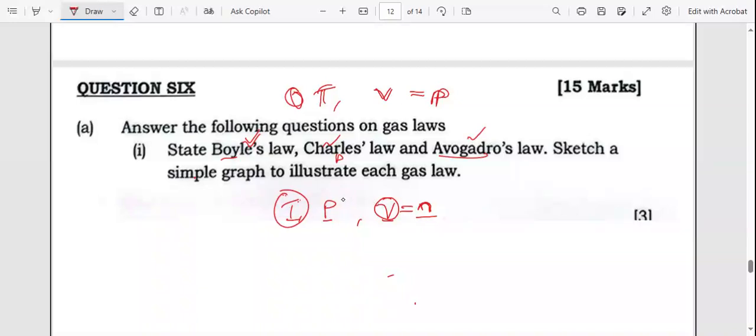At constant temperature and pressure, equal volumes of gases have equal numbers of moles. The graph is direct proportion, so it will look like the one for Charles' law. Was that hard? No.